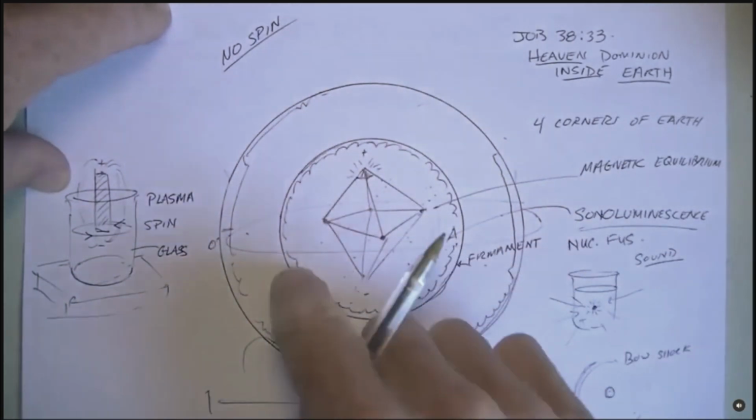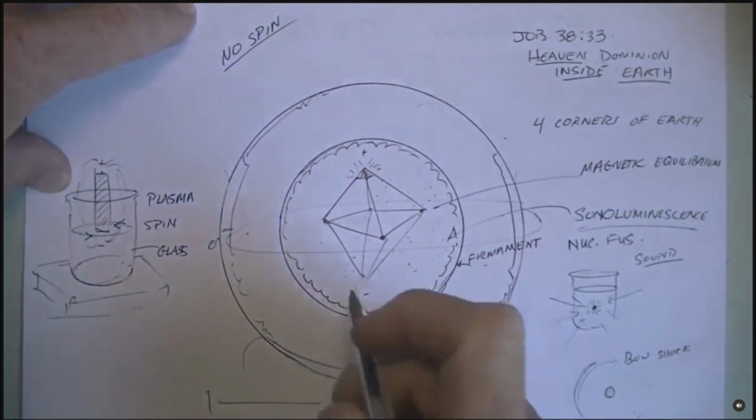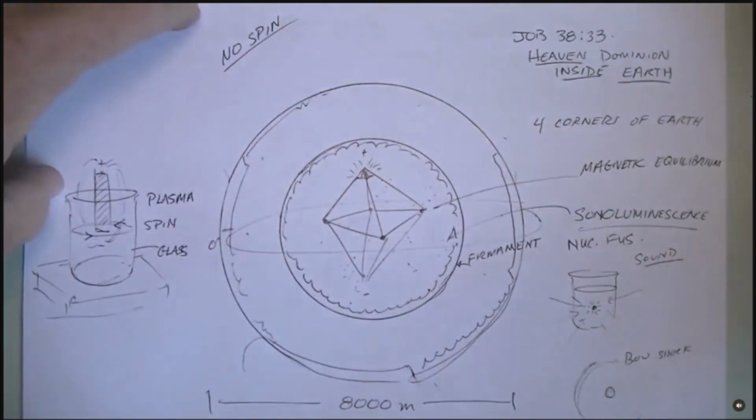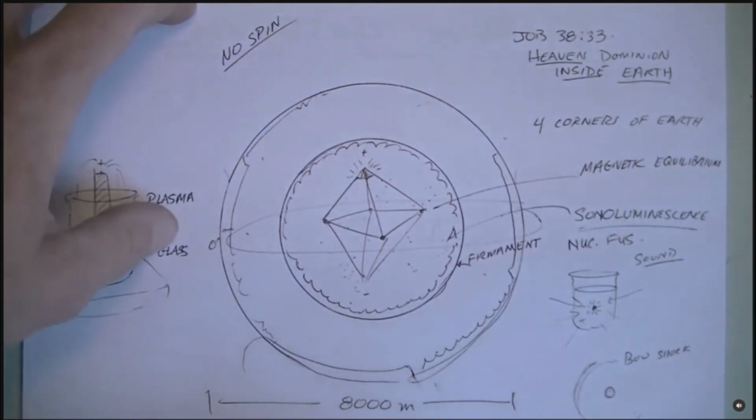There's glass, firstly, in this celestial sphere, firmament, and there's glass here too, in the glass that was formed after the flood.